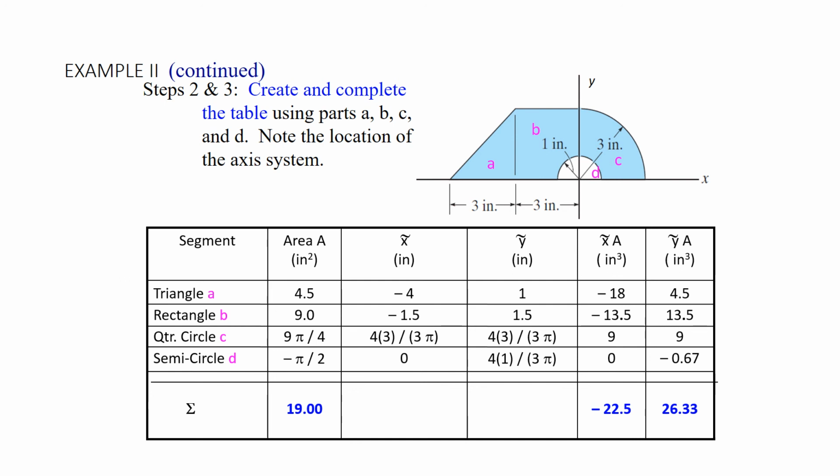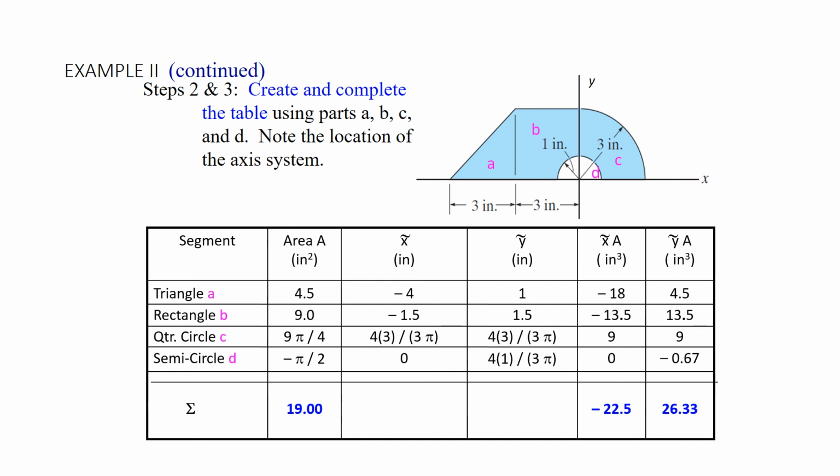Similarly, we have expressions for the quarter circle, but I don't think you'd know these off the top of your head, but with the table you could find these. And the last row, or the last particle that we need to consider, is the semicircle D, which I describe as a negative area, pi over 2, because it's a hole taken out of the other parts.